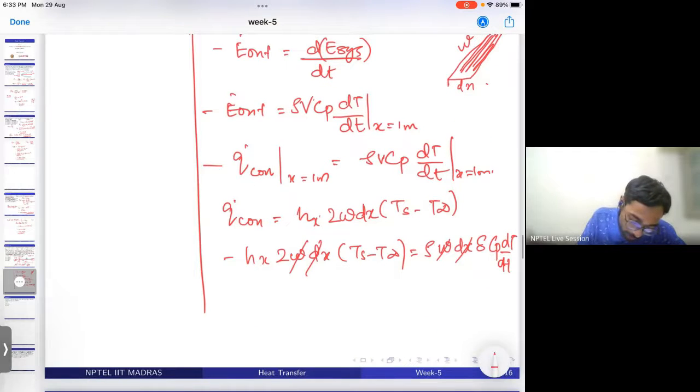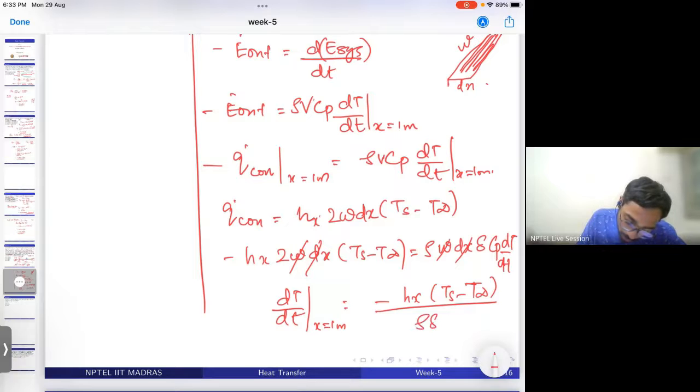So what we need is dT by dt at x equal to 1 meter. It is minus hx (Ts minus T infinity) divided by rho delta Cp at x equal to 1. So this is what we need to evaluate.